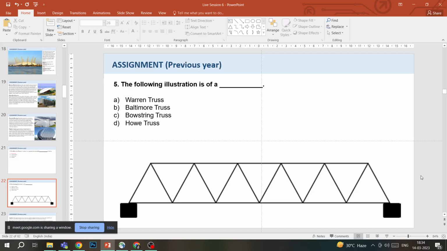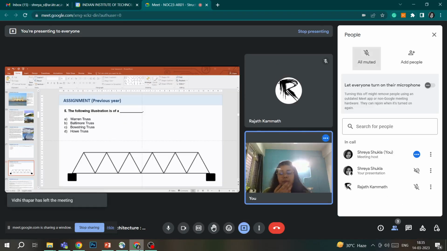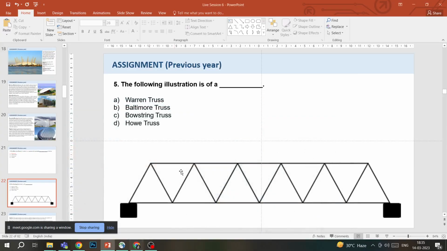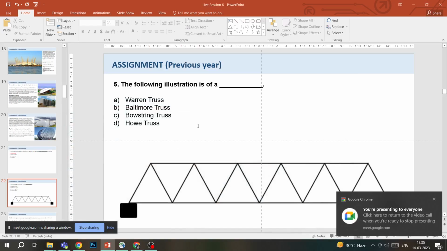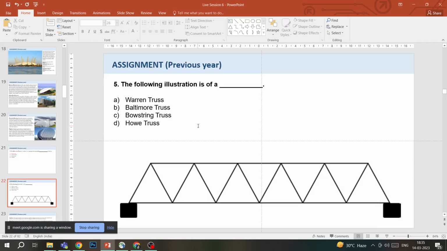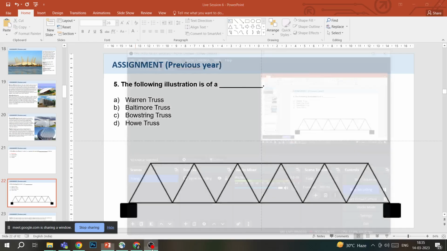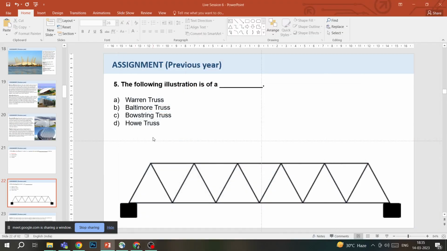The options are Warren Truss, Baltimore Truss, Bowstring Truss, and Harvey Truss.